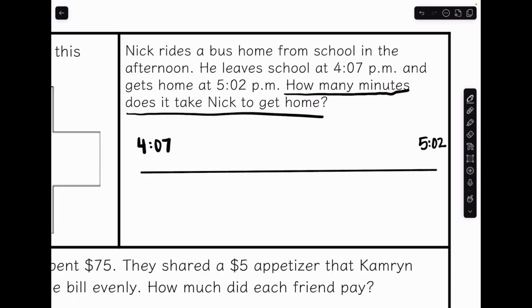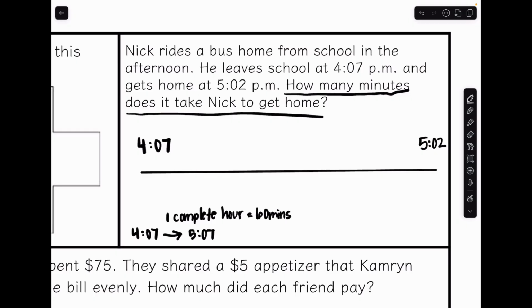5:02. Okay, so we know that for it to be a complete hour, it would be 60 minutes, right? So if we were to go from 4:07 to 5:07, that would be one complete hour or 60 minutes.